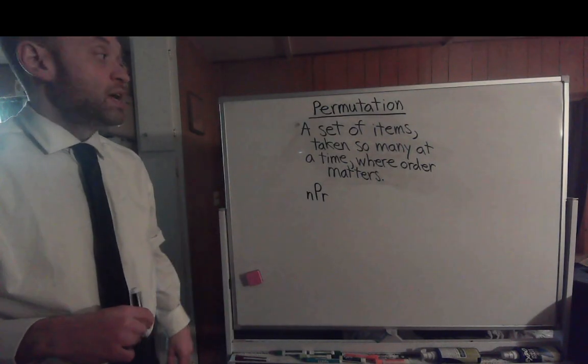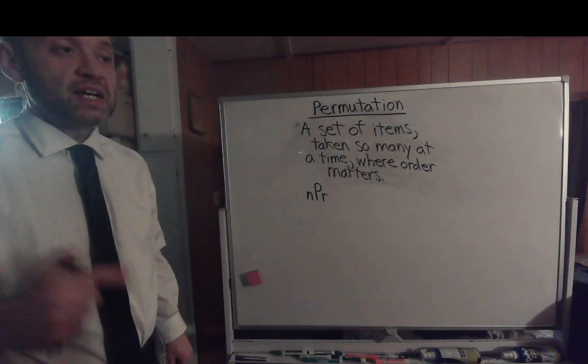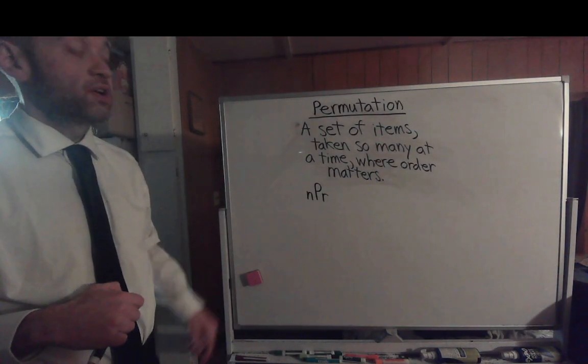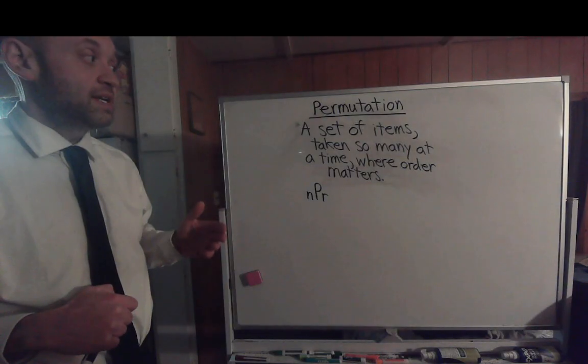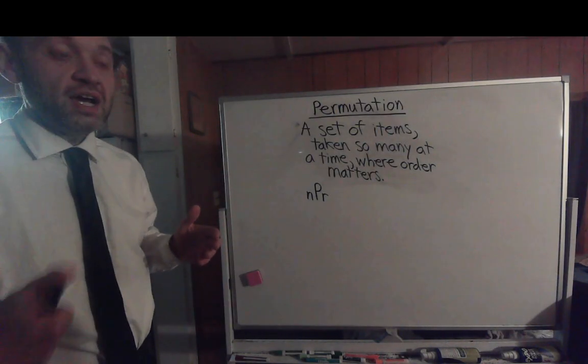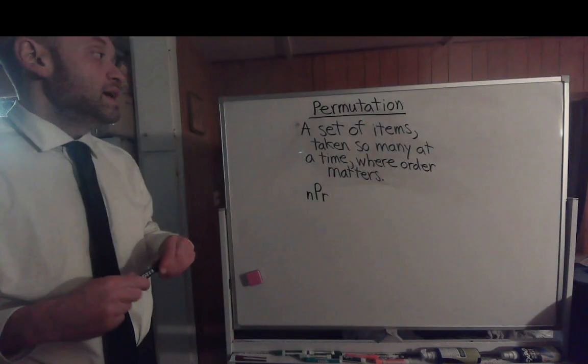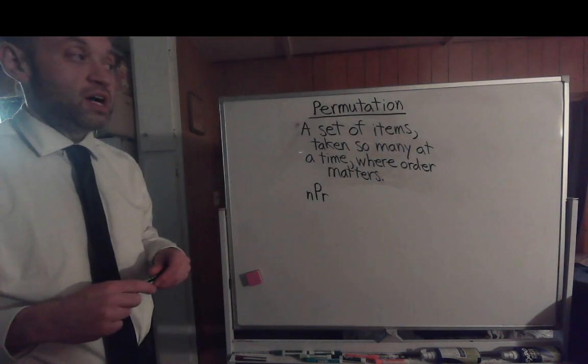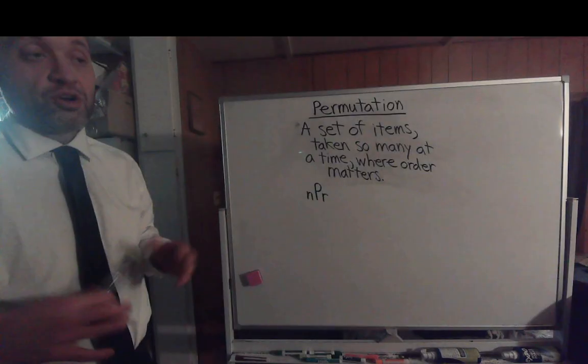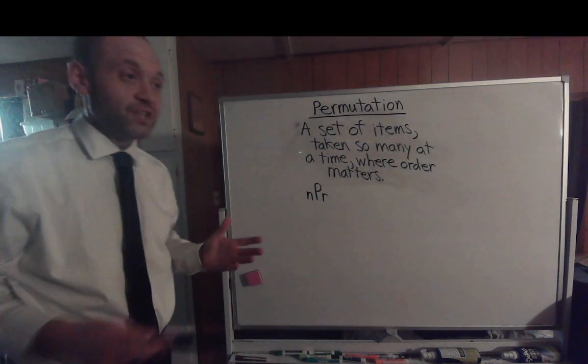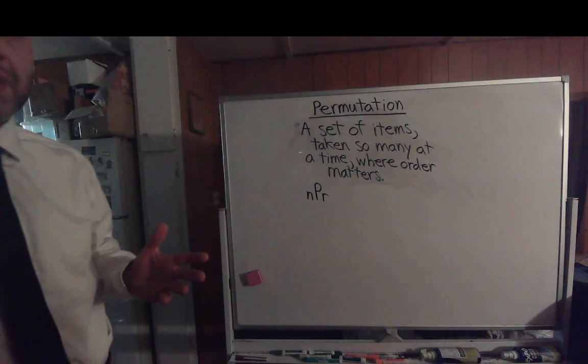It's funny because the next topic's called combinations, where it's a set of items taken so many at a time where order does not matter. And you would think with a combination lock, really they would want to call it a permutation lock because the order does matter for combination locks.